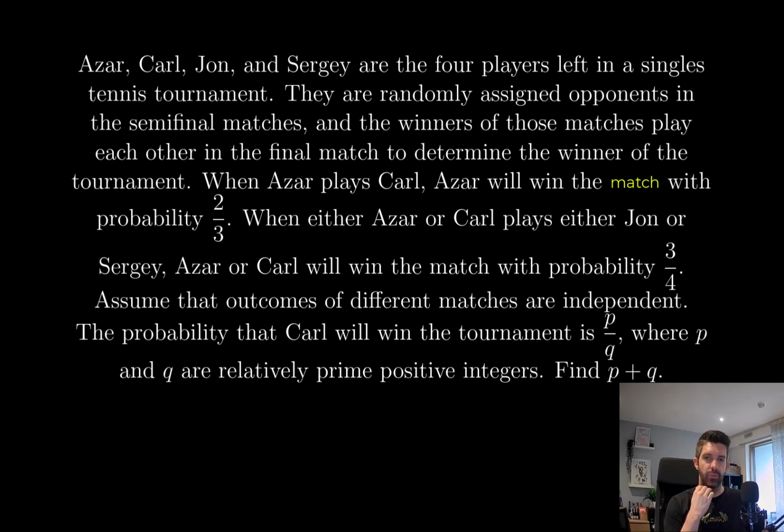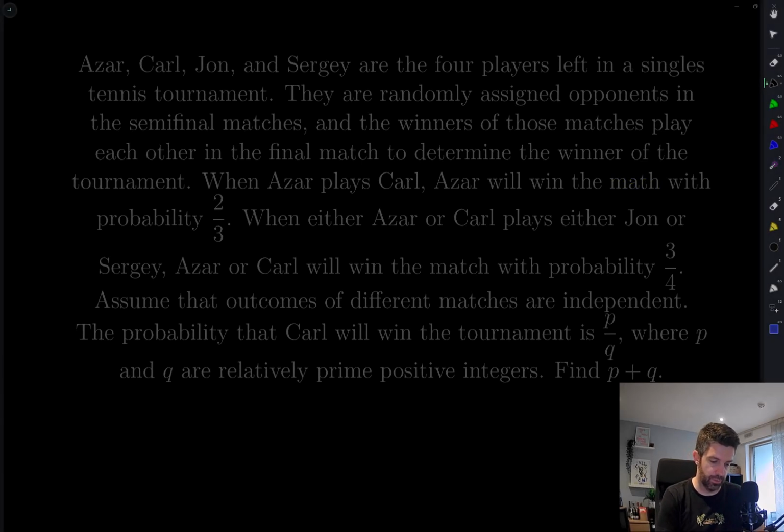And then the case where Carl does not play Azar in the semifinals, where I should be able to figure out again the probability that he gets to the finals and the probability that he wins. That one will be more complicated, so let's start with that one.